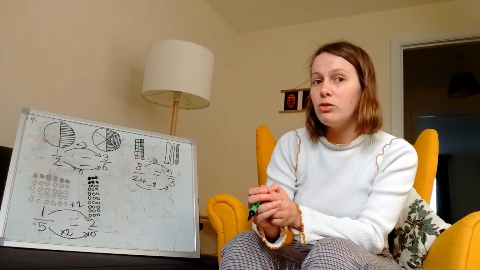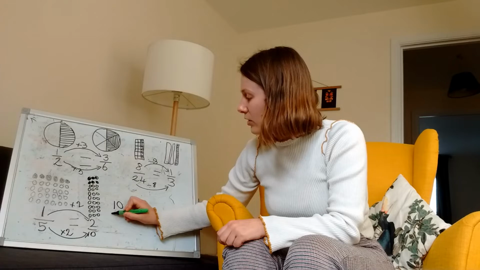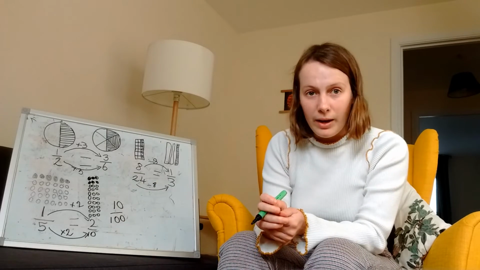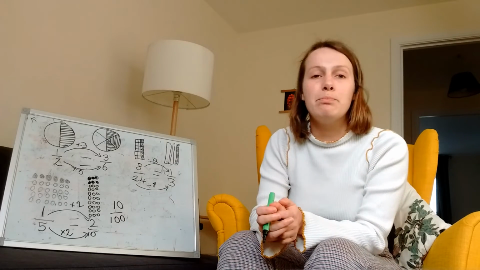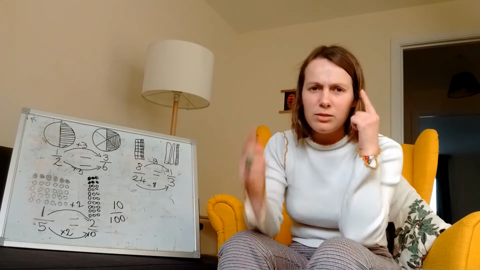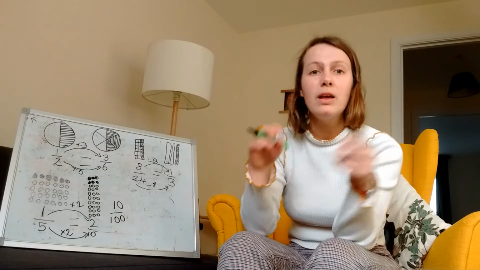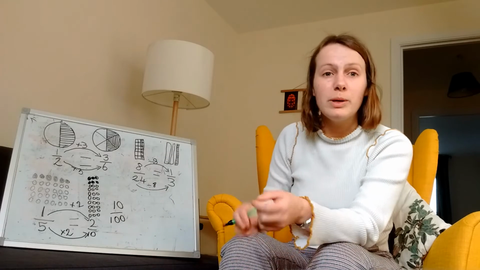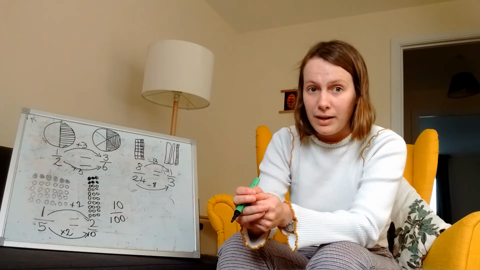So if I was going to simplify the fraction 10/100ths, I'm looking for a number that I can divide both of these by. So I ask myself, what times table are they both in? And both the numerator, the top number, and the denominator, the bottom number, are in the 10 times table. So I'm going to divide both by 10.